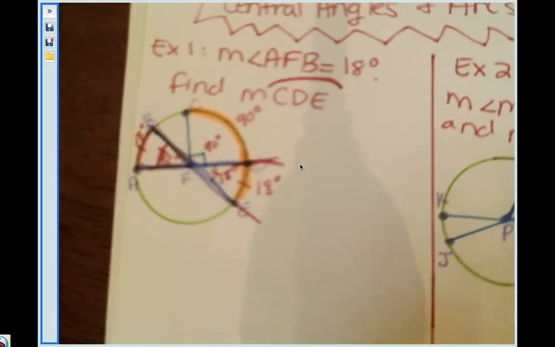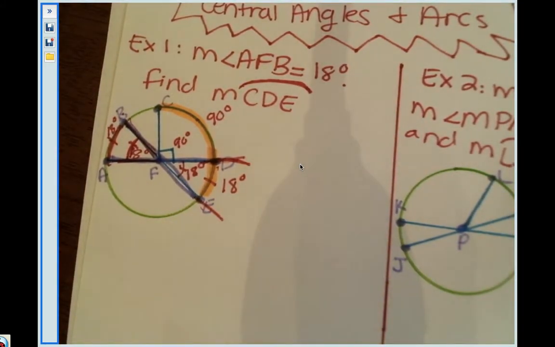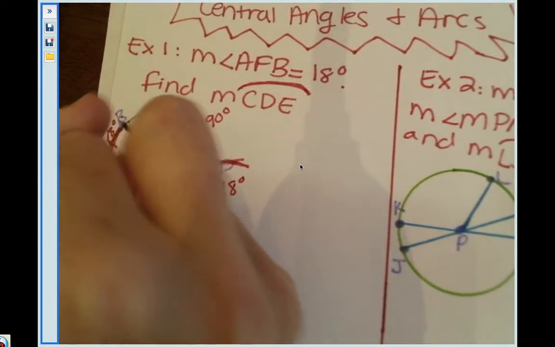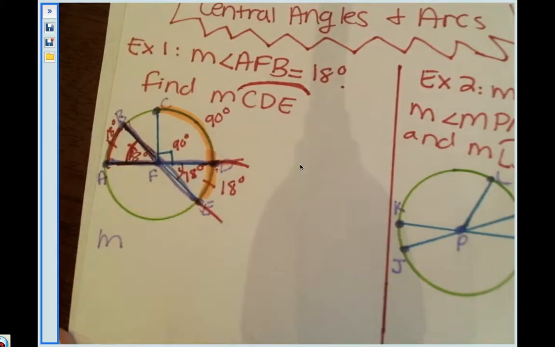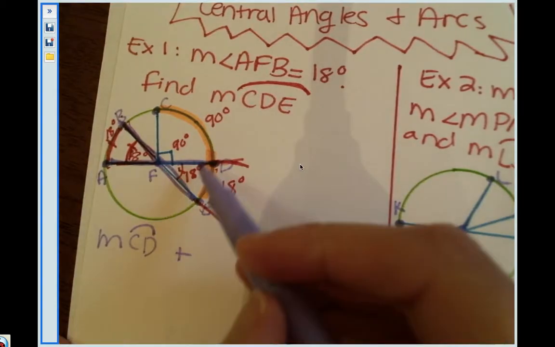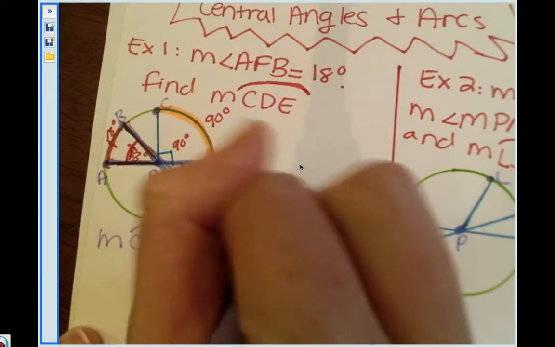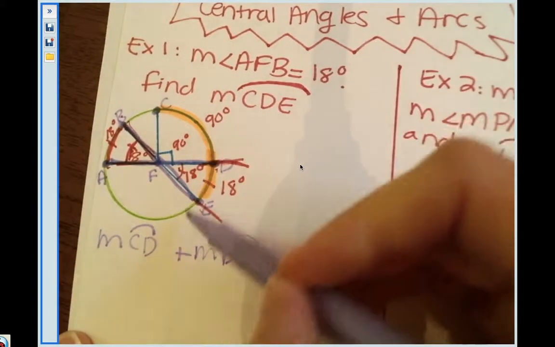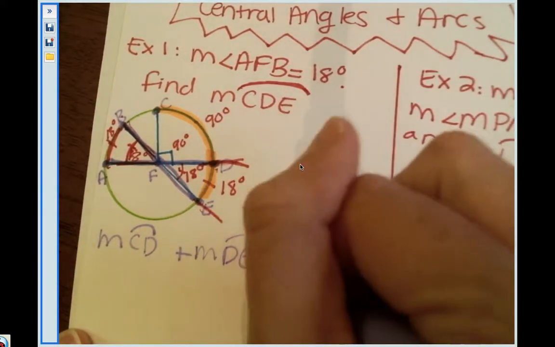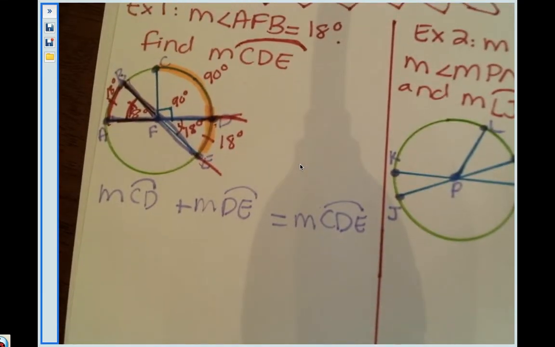So if we use the arc addition postulate that you guys learned about in the Prezi video, we know that the measure of arc CD plus the measure of arc DE equals the measure of arc CDE. Alright guys, so guess what? We just need to fill in our values and we'll be donezo with this problem.